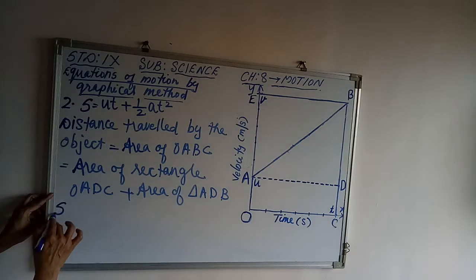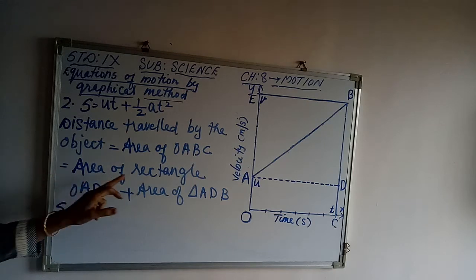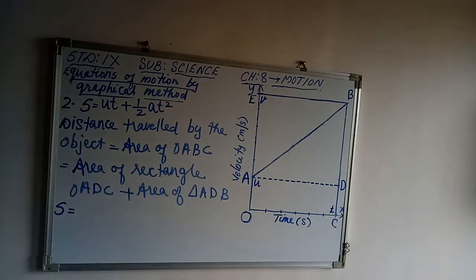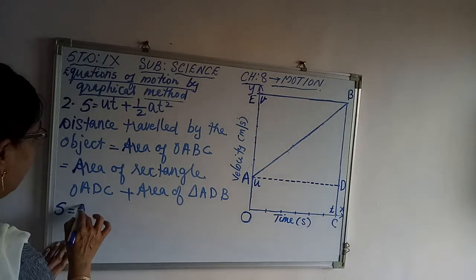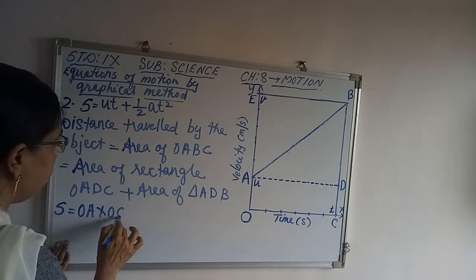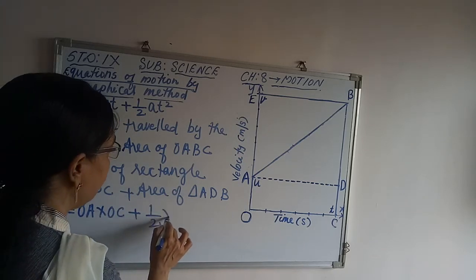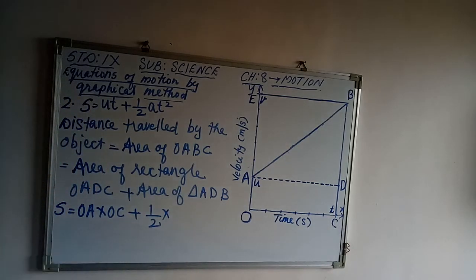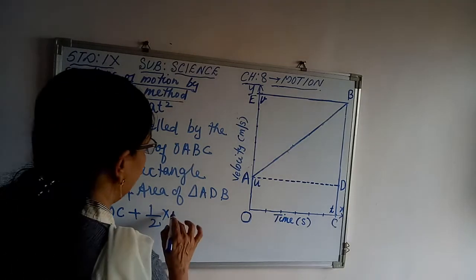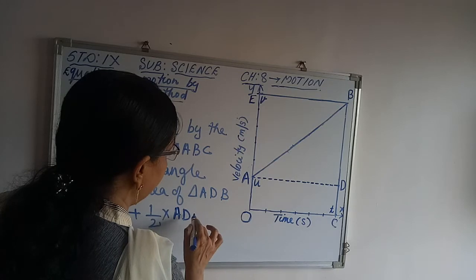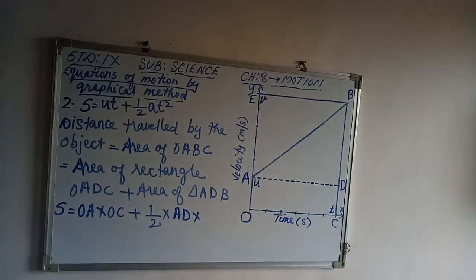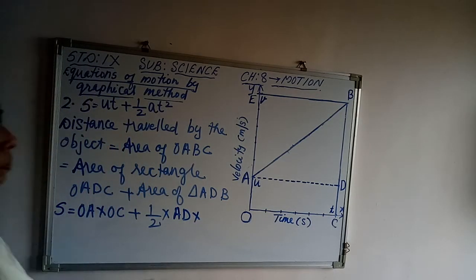How to find the area of a rectangle? Area of rectangle is length multiplied by breadth, that is OA multiplied by OC, plus half into base into height for the triangle. AD is the base, multiplied by the height, that is BD.